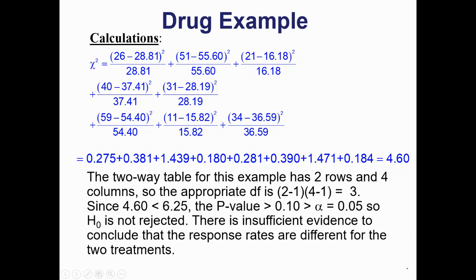Because let's just say we're going to reject. We could go through now and see, okay, which one contributed the most? That one's pretty big. That one's kind of big. So these two were our top contributors.